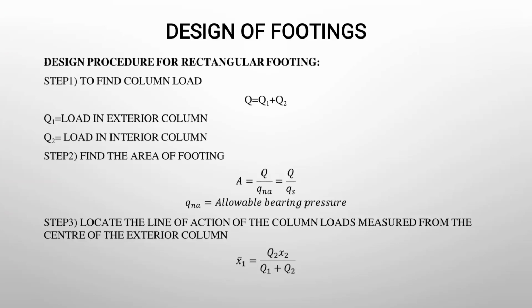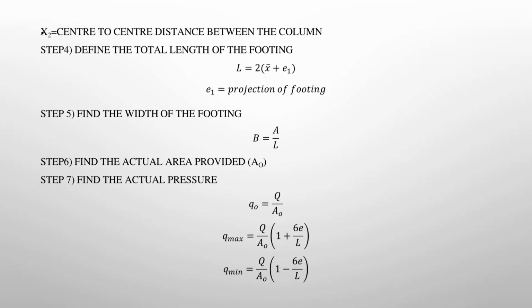Q1 is nothing but load in first column, Q2 is load in second column, that is one is exterior and two is interior column. And x2 is the center to center distance between the columns.